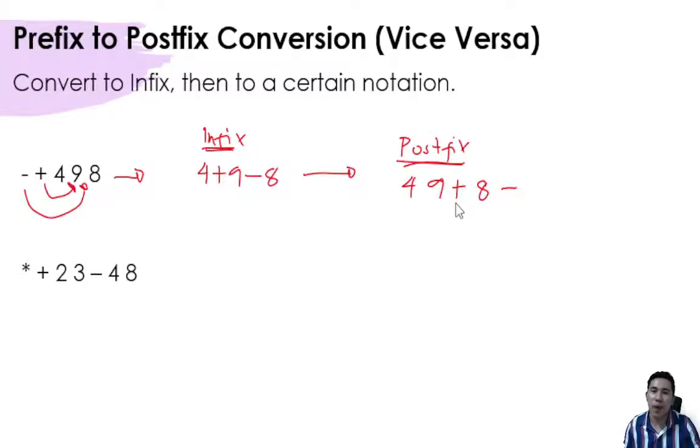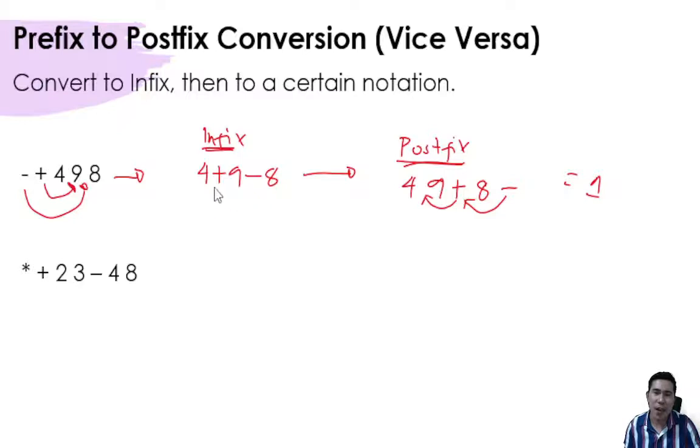If you evaluate this one, you have 4 plus 9, and then before subtracting it by 8, it's 13, then minus 8, which is equal to 5.